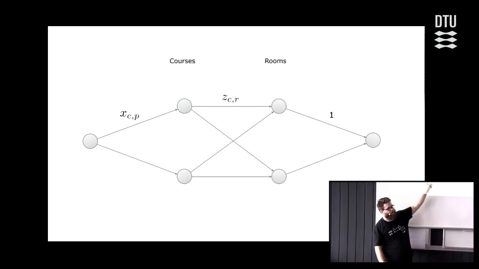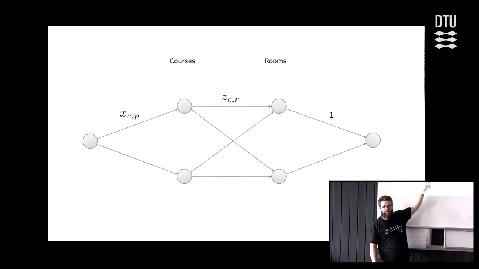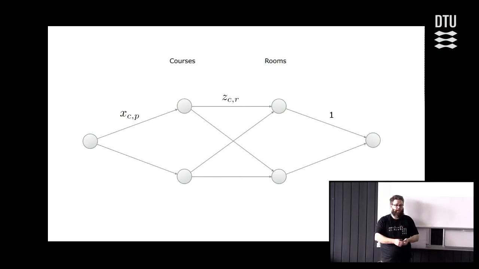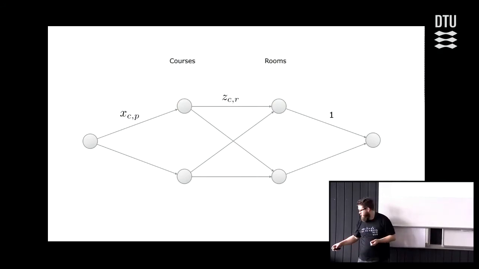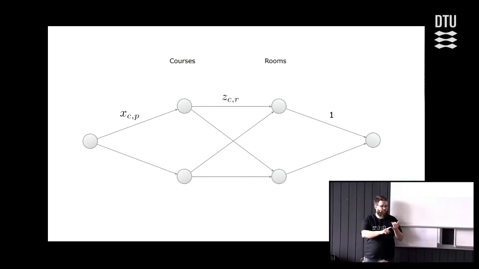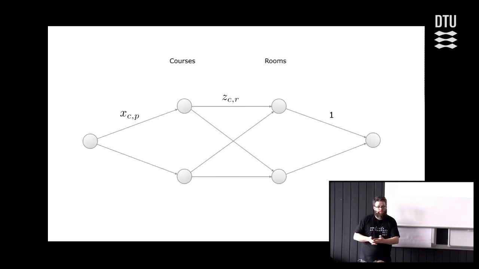Now this means I have flow variables when I'm formulating the model. I have a flow variable for each course and each room in each of the graphs I have for each period. So again, you could say I have a binary variable for each course, period, and room. However, the flow problem has a nice property called the integrality property, which means that we do not need the integrality requirement in our model.